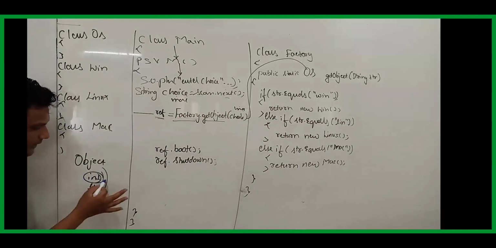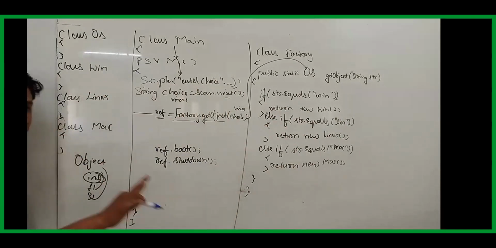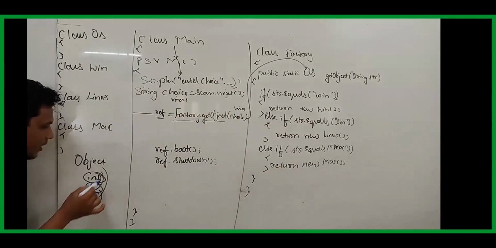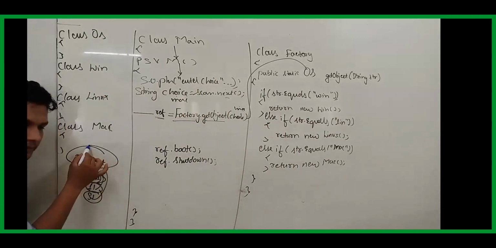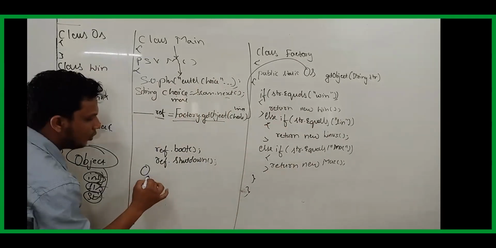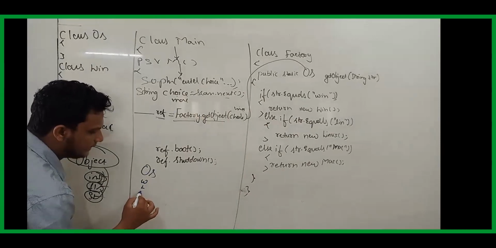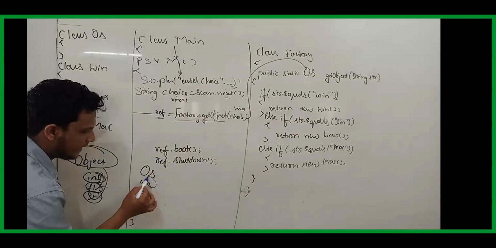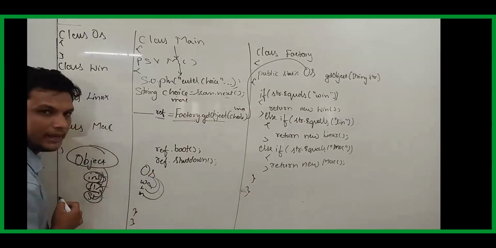So if you create an integer, only integer data can be stored. Float means float, string means string only. If you create an object, you can store int, float and string also. Like that only, if I create OS, Windows, Linux and Mac are the child classes of OS. In the OS I can store Windows also, Linux also, Mac also.